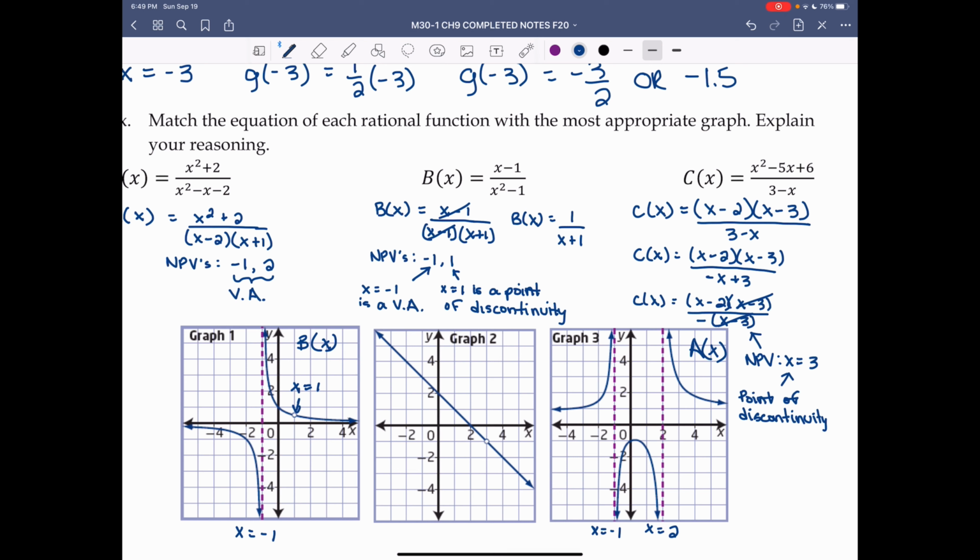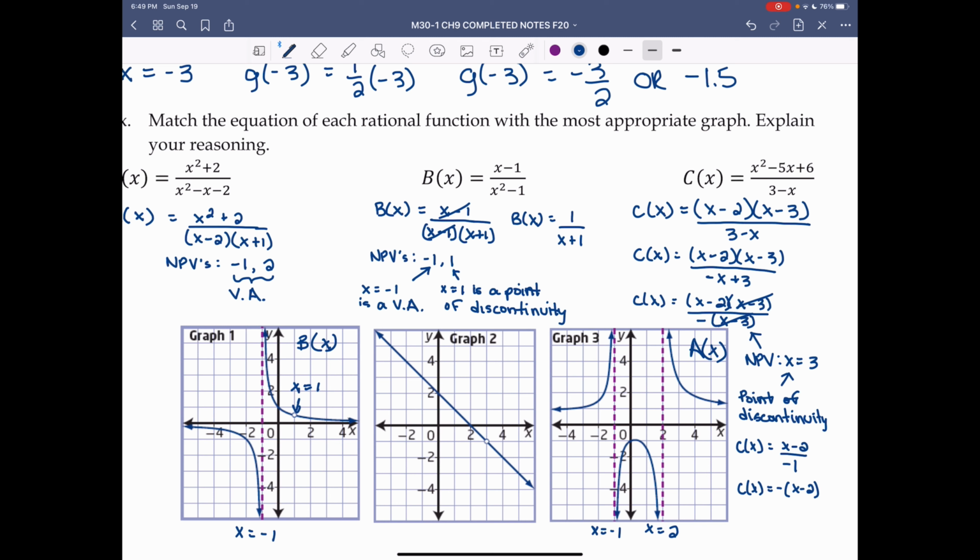And there are no vertical asymptotes since our only NPV divided out to become a point of discontinuity. So c of x simplifies to a linear equation, which is x minus 2 divided by negative 1, or we can write that as c of x equals negative (x minus 2).